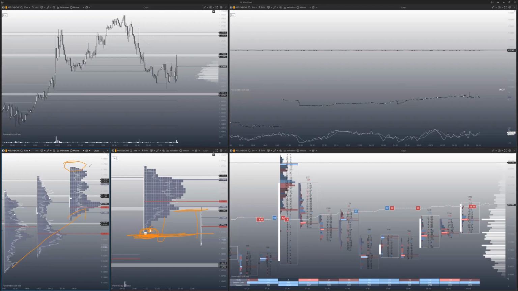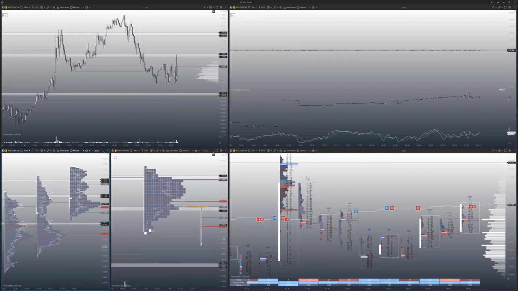It's possible that we make a new high for this week. I don't know how, but if it goes higher and breaks inside the previous value area, it's possible that we see new highs.